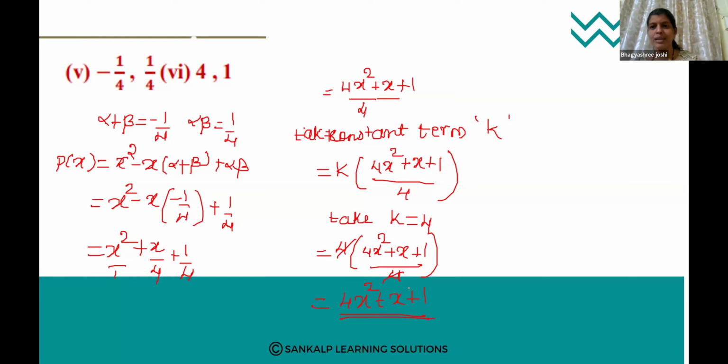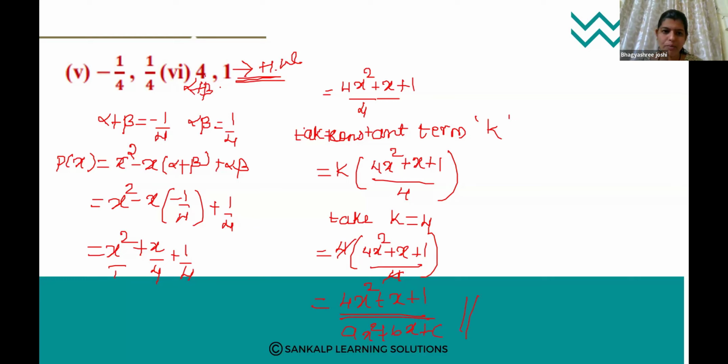Now, this polynomial is in the form of ax square plus bx plus c. Okay. So next problem. This is also homework because this is a very simple problem. This is homework for you. There is no denominator. Directly, what should you do?